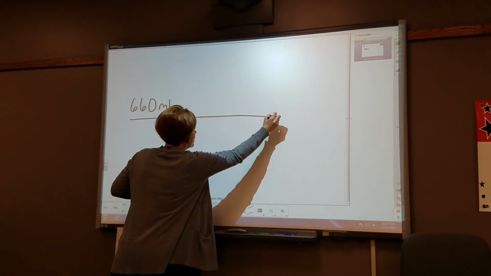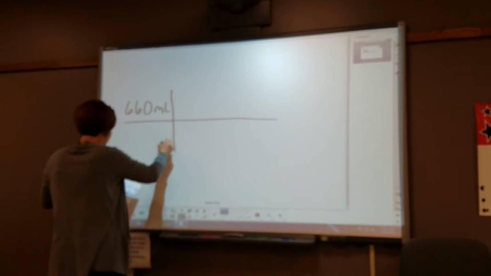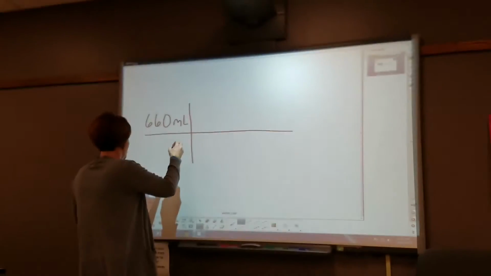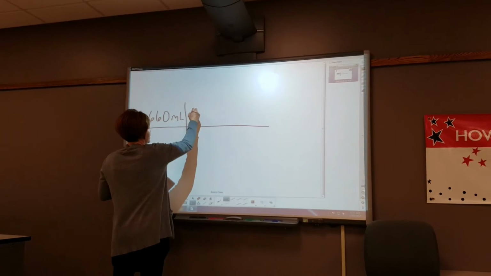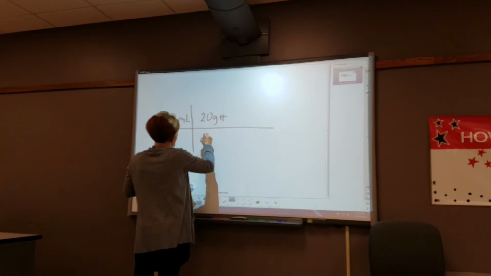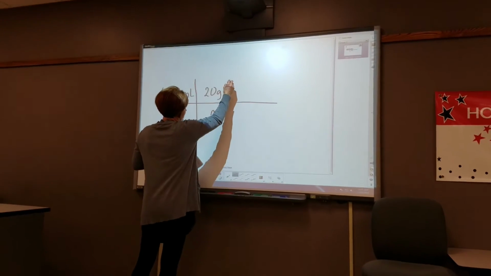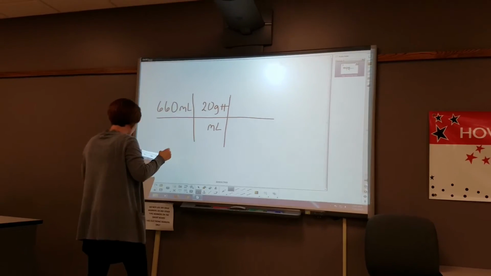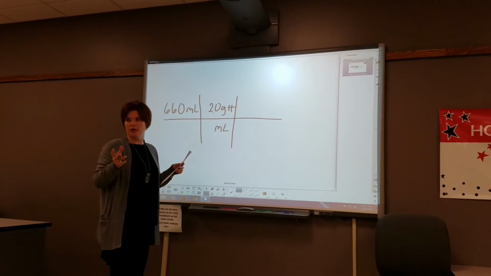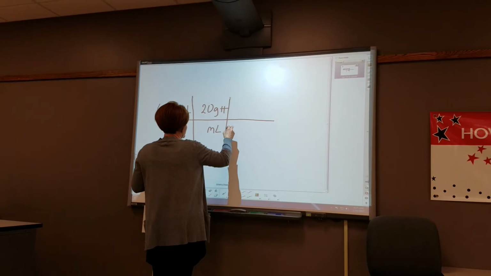Now you're going to have a big long line of stuff. The next thing I wrote down that we know is 20 drops per ml. Then what else do we know? 28 drops a minute, correct? So where does the 28 go? On the bottom.